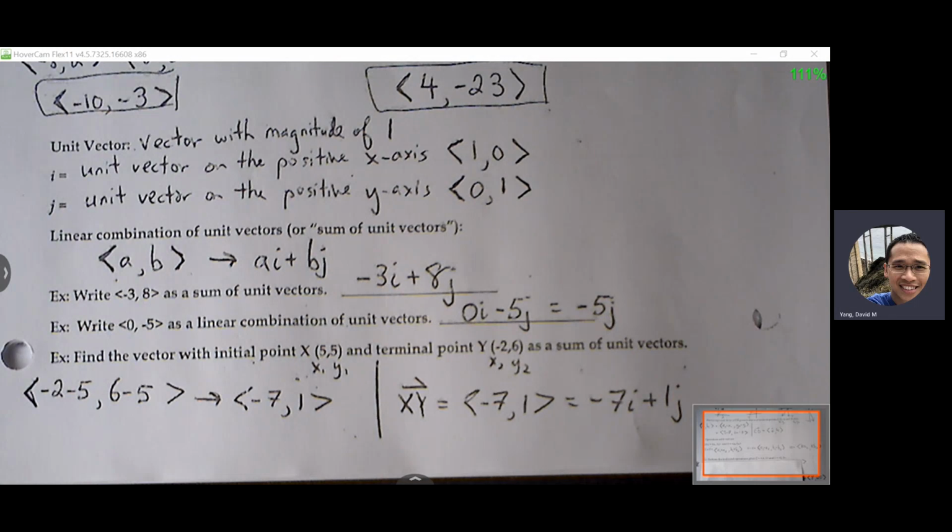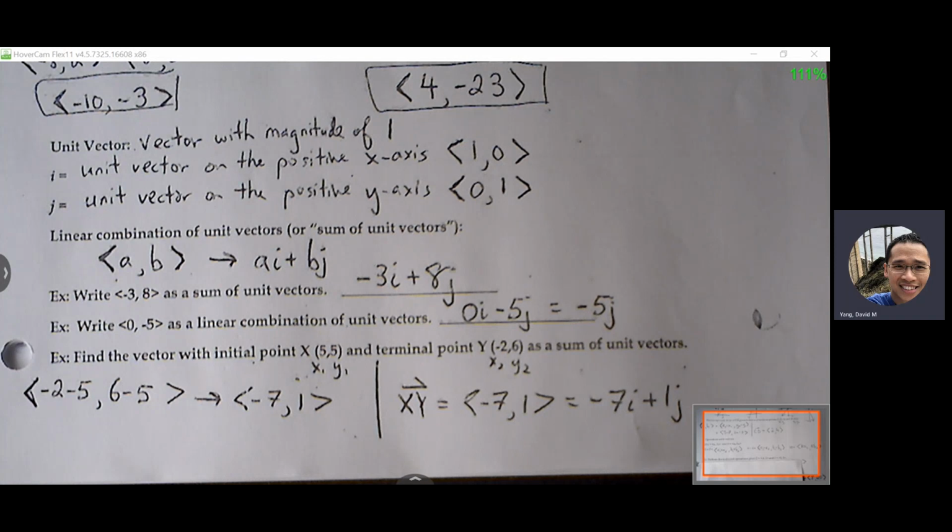For the next example, it says find the vector with an initial point x and terminal point y as a sum of unit vectors. So the first thing you do is just ignore the fact that it's a unit vector, just try to get into component form. The component form, we always do the terminal point minus initial point. All right, so -2 minus 5, and then 6 minus 5. Make sure that we always subtract in that direction. Okay.